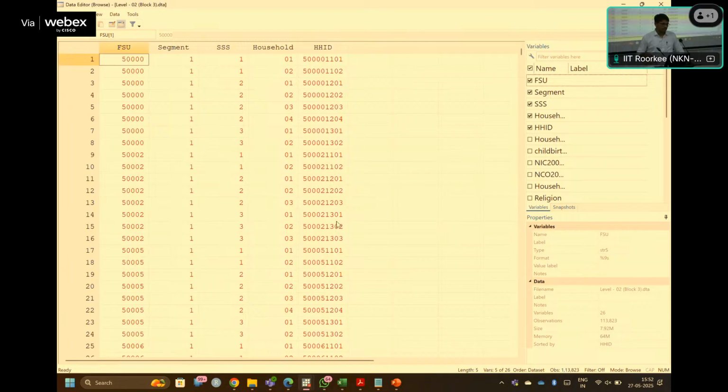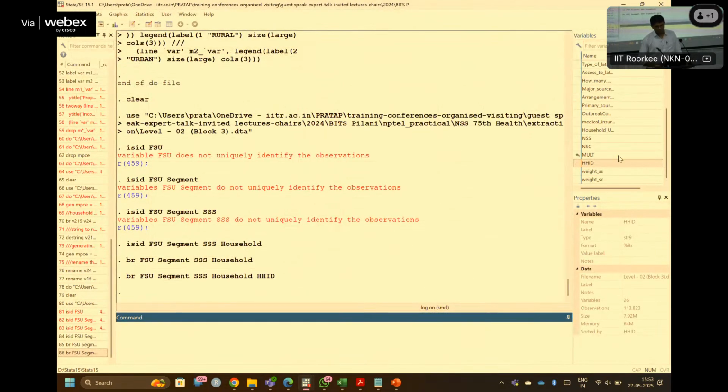Had they been non-string variables, those like 50,003 would have been converted to numeric values. It's no more 50,003; it is actually kept together. This is how the IDs are defined in the household file.